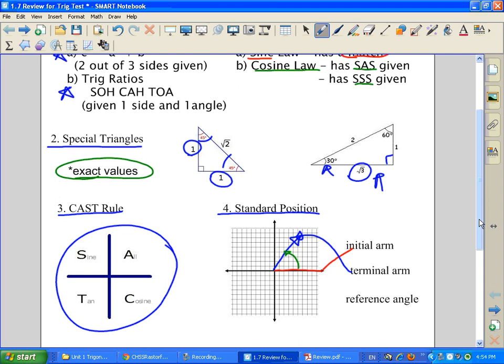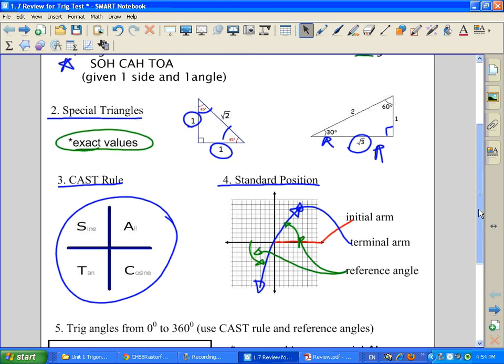So initial arm could be here. I could have my terminal arm being somewhere down here. And again, my reference angle in this case would be from here to here, because the reference angle is going to give you the acute angle, which is from the x-axis either above or below it. So that's your reference angle.